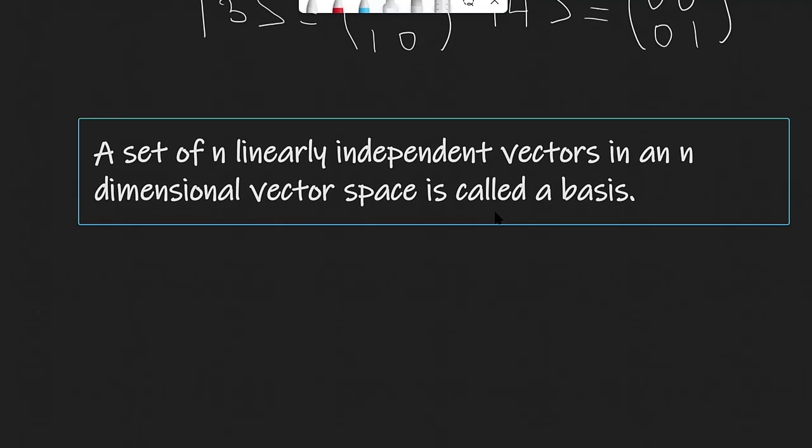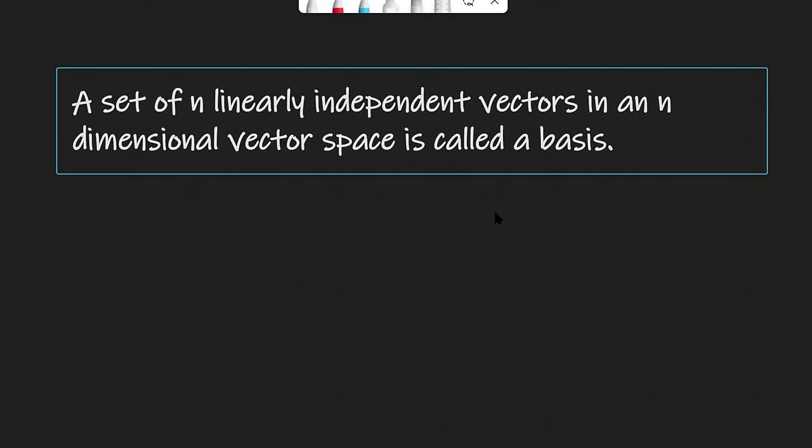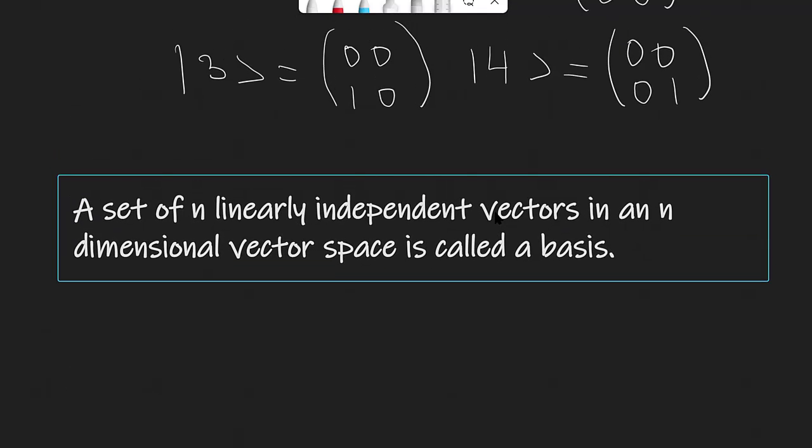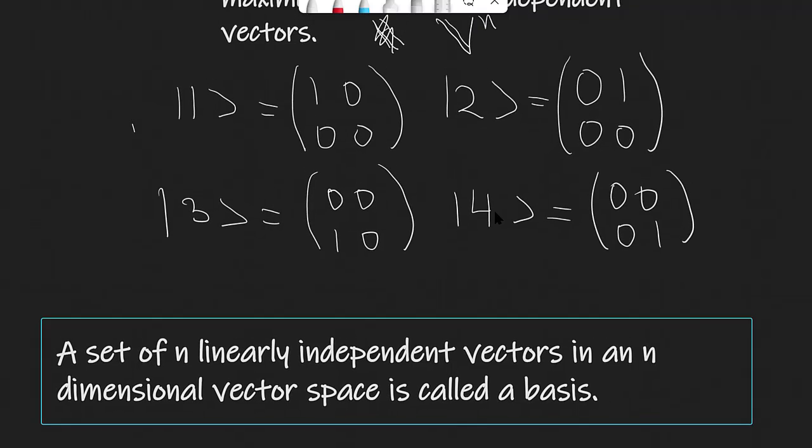And another really important theorem states that a set of n linearly independent vectors in an n-dimensional vector space is actually called a basis. So in the case of 2D matrices up here, those are our basis vectors.